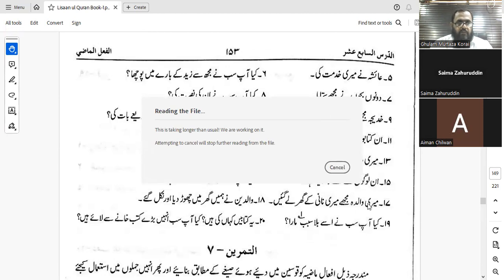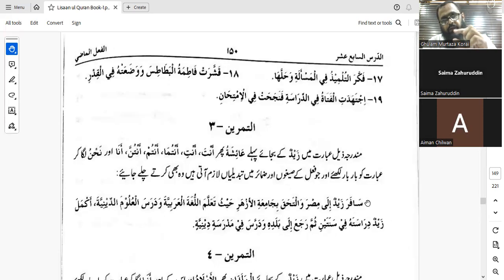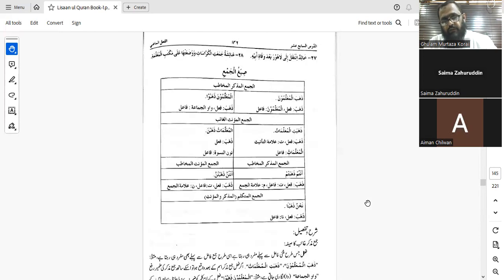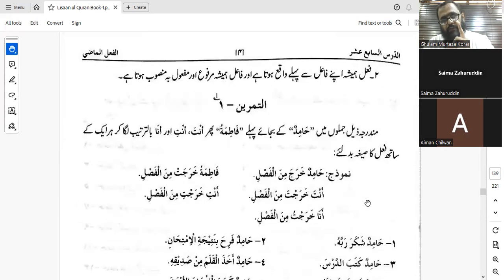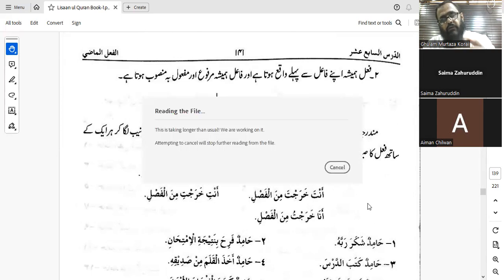We are trying to understand that if there are different words, say for example fi mahalli rafa, or fi mahalli nasab, or fi mahalli jar, will it be enough to count only one of them for the status it has in the sentence, or do we have to talk about 3, 4, or 5 words to give them a status? Actually, this is what I was reading in the file at the moment.